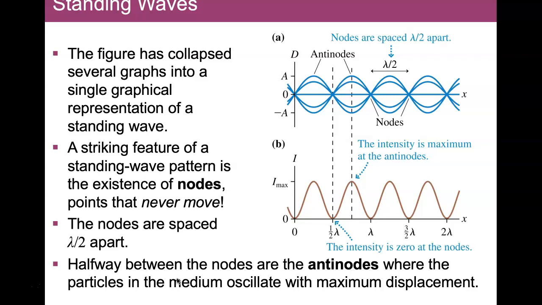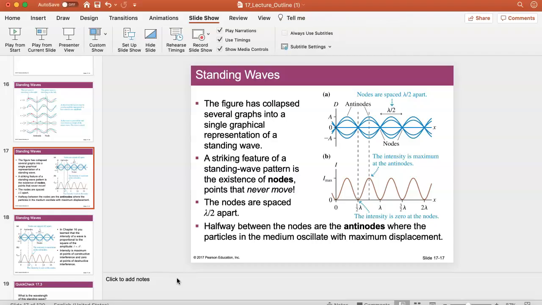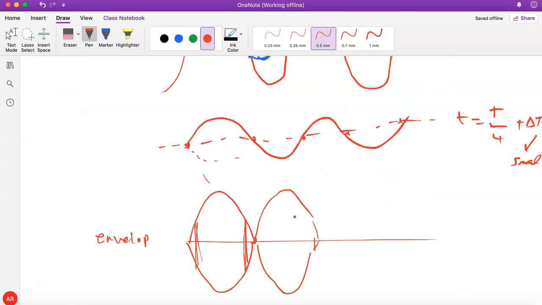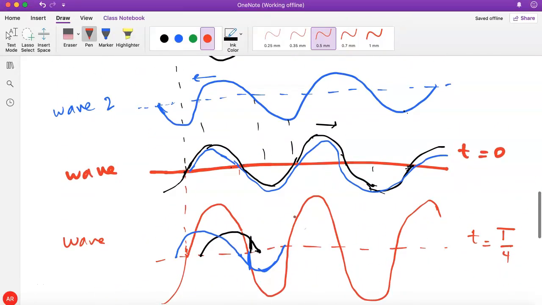Okay, so let's think about the distances between the nodes. The statement is that the distance between two consecutive nodes is lambda over 2. How do we figure it out? Well, it's kind of easy.